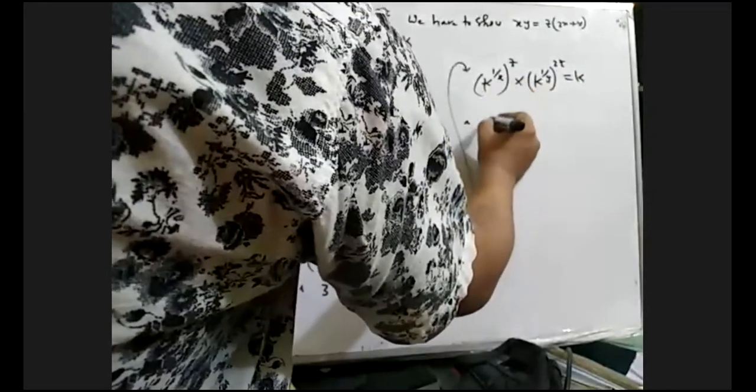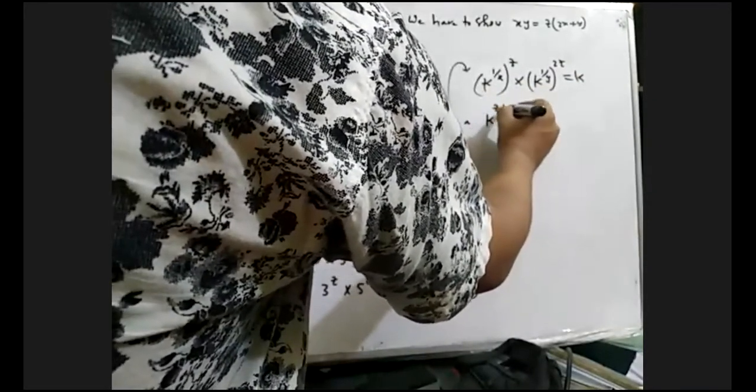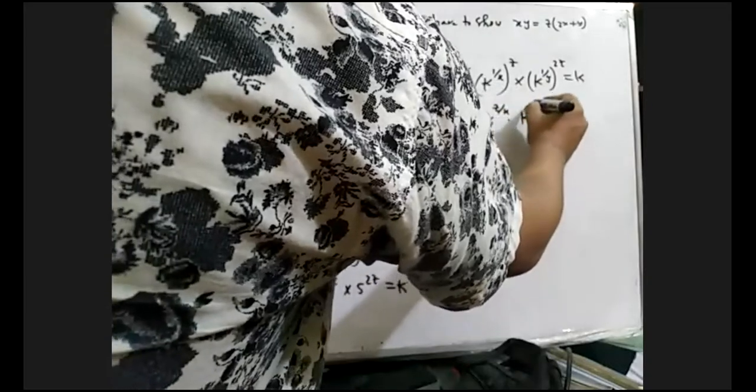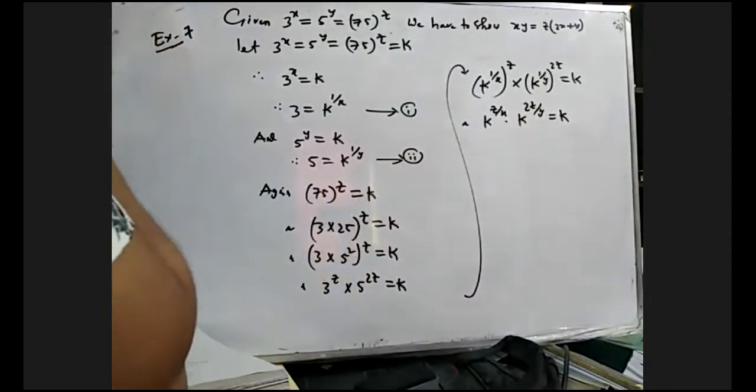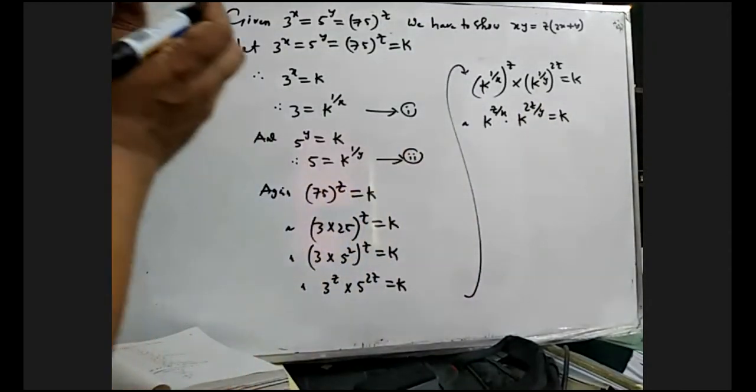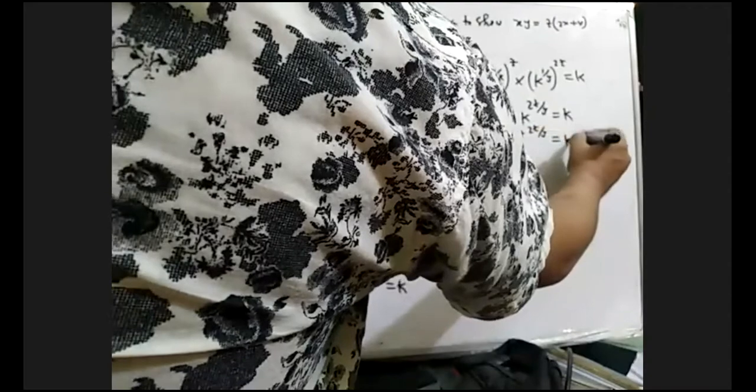Or k to the power z by x into k to the power twice z by y equals k. Or k will be same base, so z by x plus twice z by y equals k to the power 1.